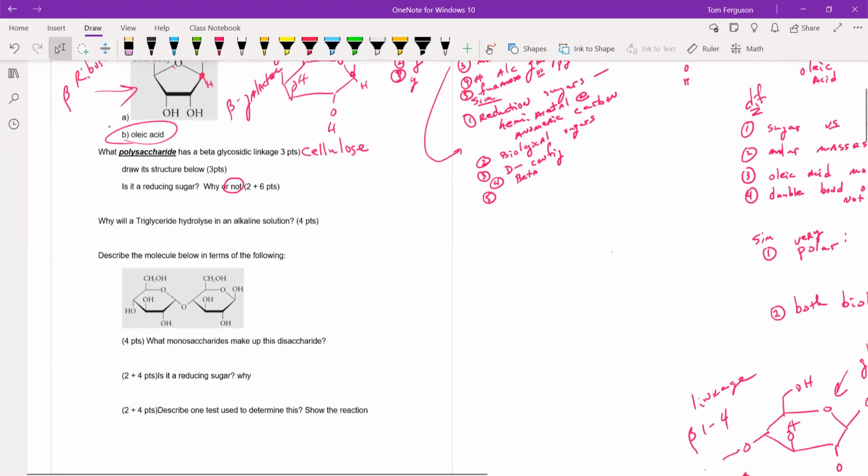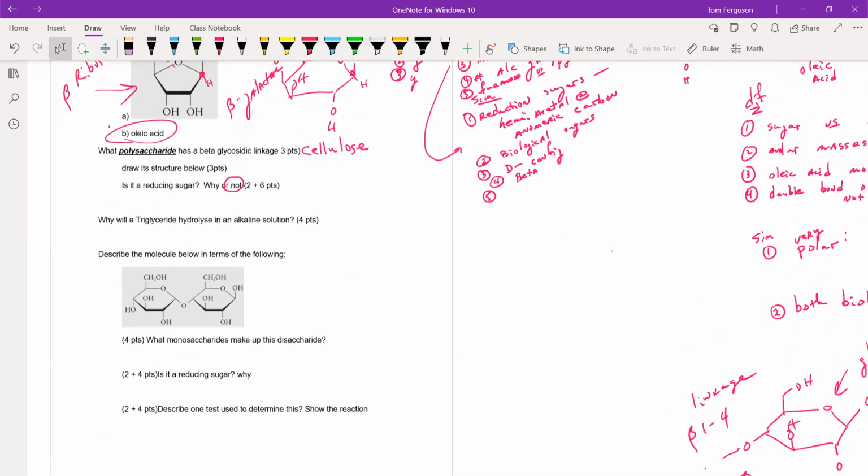Okay, let's see, where are we here? I'm presuming everyone's not saying anything, so you guys understand that. All right, so it says, why will a triglyceride hydrolyze in an alkaline solution?